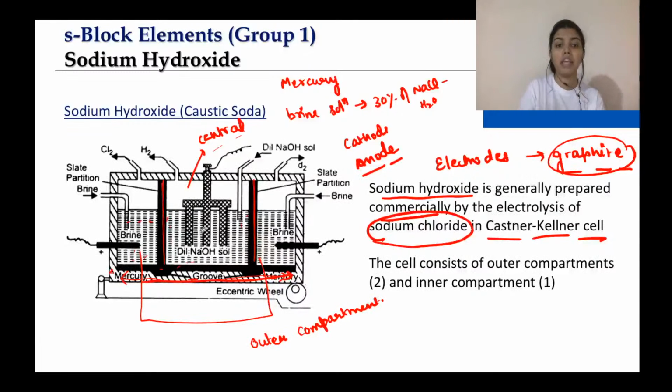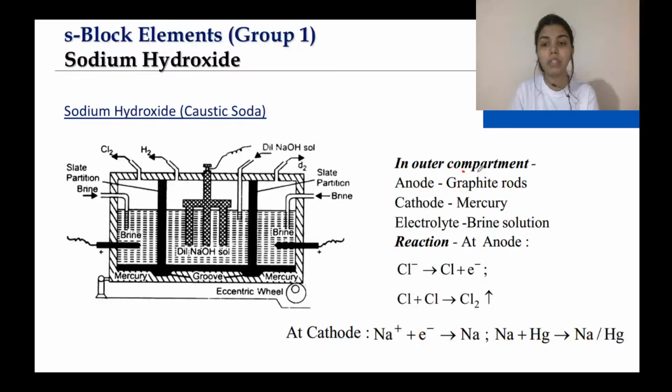Okay, so now we are considering the products here. Different reactions take place in the outer compartments and the central compartment. So now we will see what reactions take place in the outer compartment and the central compartment. Now in the outer compartment, the anode is the graphite rod.